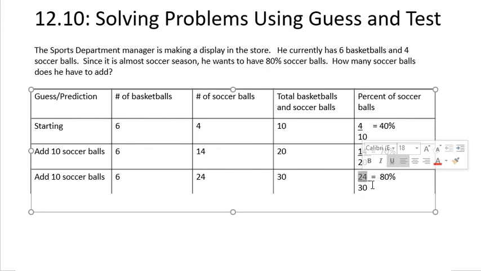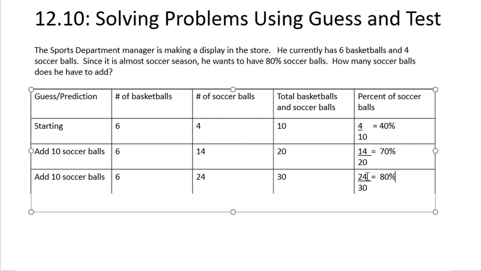That's my number here, divided by my 30. And that's my 80%. Another way of seeing the 24 over 30 is putting it into lower terms, which is 8 over 10. If I make this 24 divided by 3 is 8, and 30 divided by 3 is 10. So now I have my 80%.